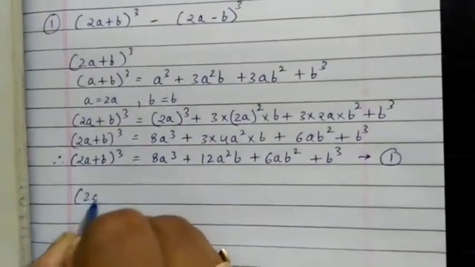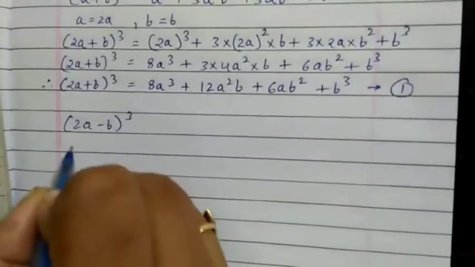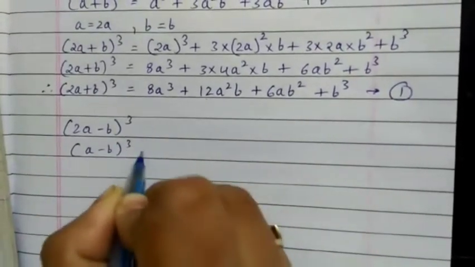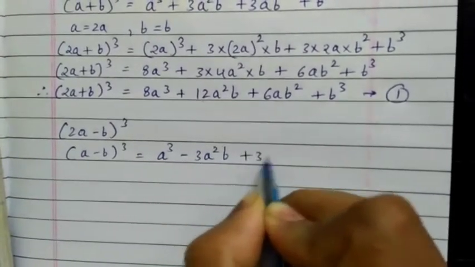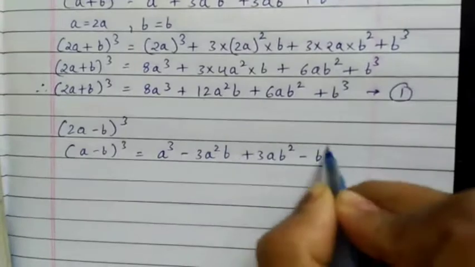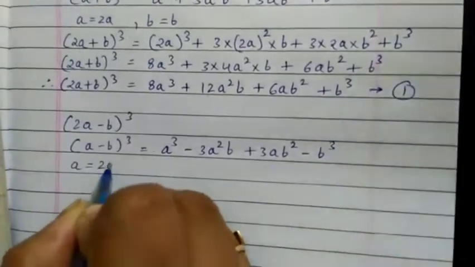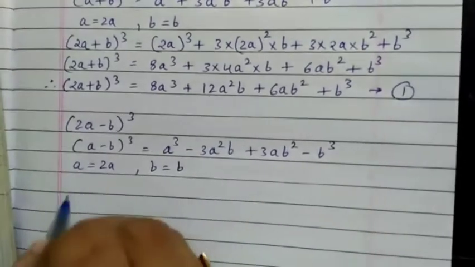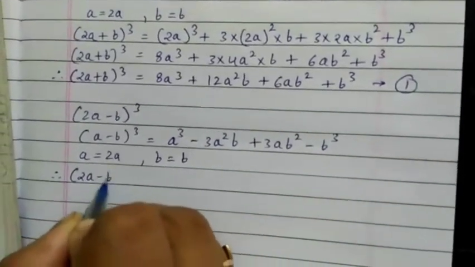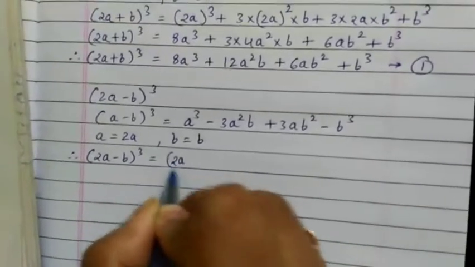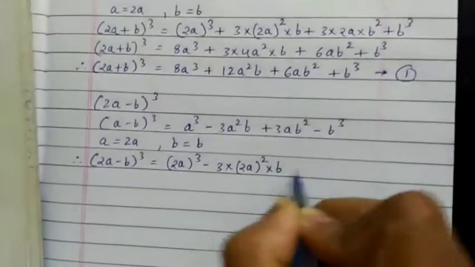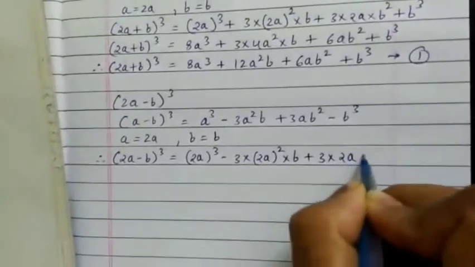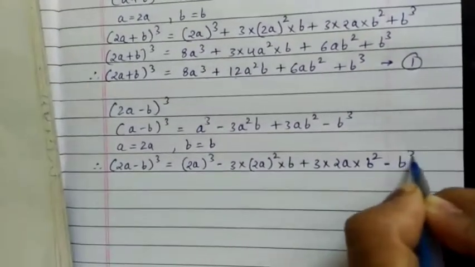Similarly, we have to solve 2a minus b whole cube. So a minus b whole cube is equals to a cube minus 3a square b plus 3ab square minus b cube. Take the values again. A is equals to 2a and b is equals to b only. So we have 2a minus b whole cube is equals to 2a whole cube minus 3 into 2a square into b plus 3 into 2a into b square minus b cube.